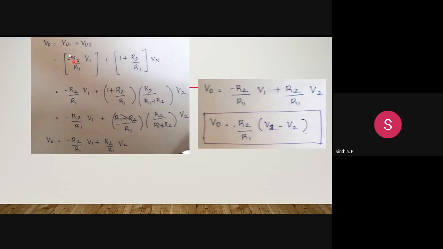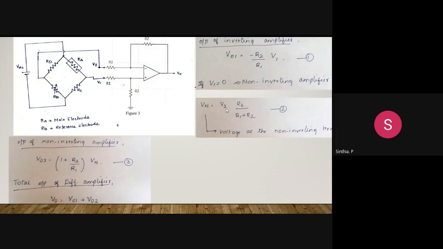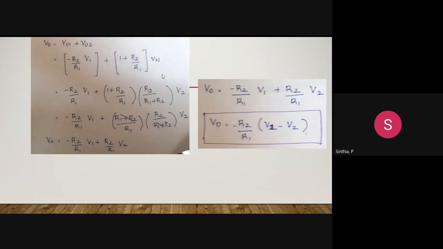We have already known the expressions for V01 and V02. So from equations 1 and 3, you substitute here and add. For Vn you replace it with the expression V2 into R2 by R1 plus R2.